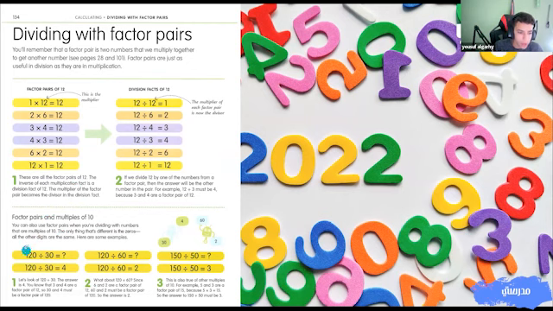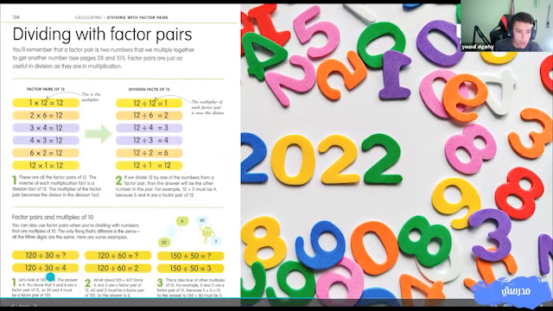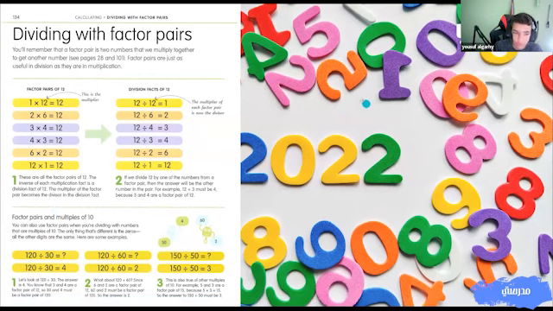All right. So now we have factor pairs and multiples of 10. We have 120 divided by 30. Does anybody know the answer to 120 divided by 30? You can just write it in the chat. 4.